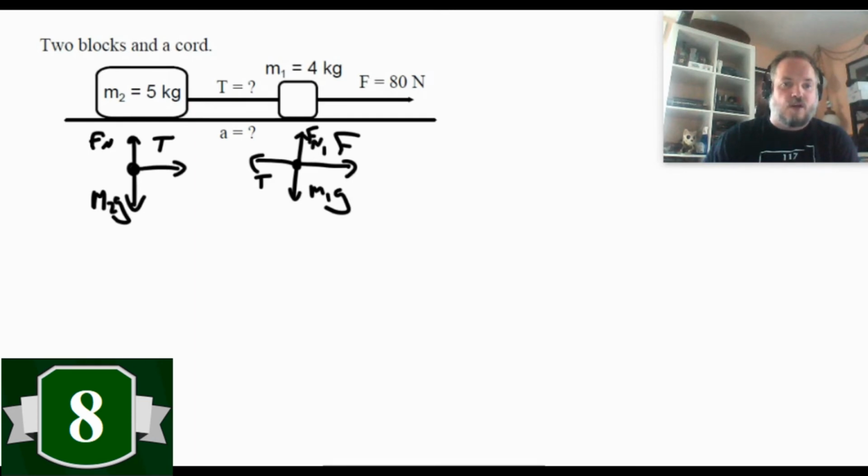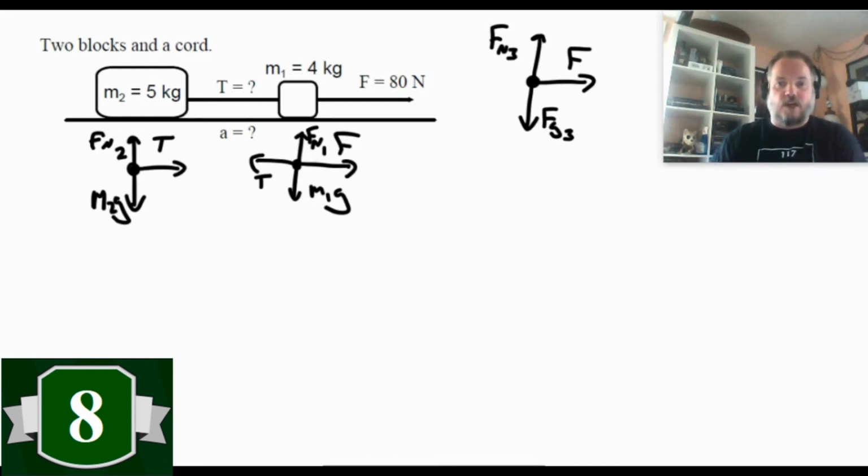I probably ought to call that one 1 and that one 2. The whole system, treating this as one object, we have the force pulling to the right, nothing pulling to the left, a total force due to gravity, I'll call that 3, and a total normal force. And none of these y directions matter, so to save time, I'm going to ignore them, all right?